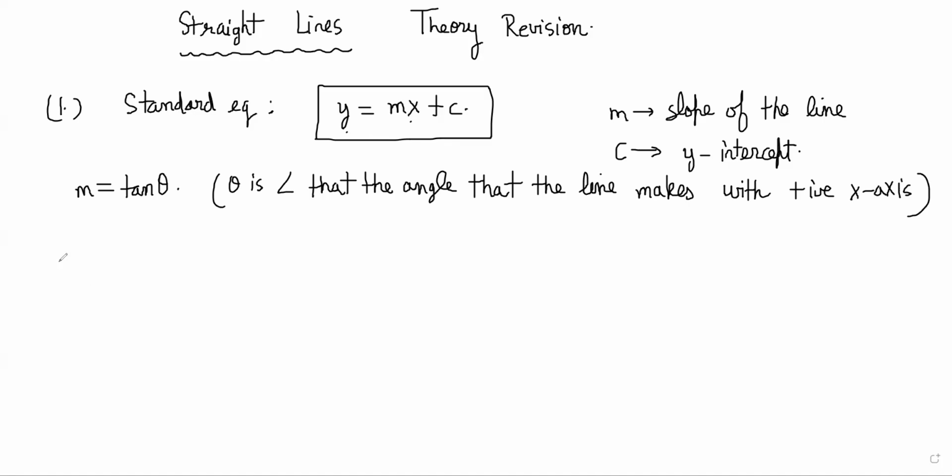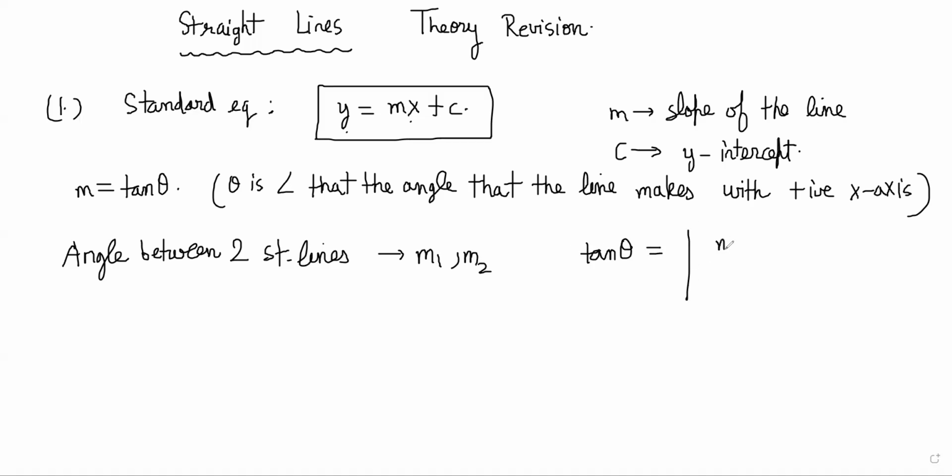So from here, we can say that if you want to find out the angle between two straight lines with slopes m1 and m2, that angle can be given by the formula tan theta is equal to mod of m2 minus m1 by 1 plus m1 m2.